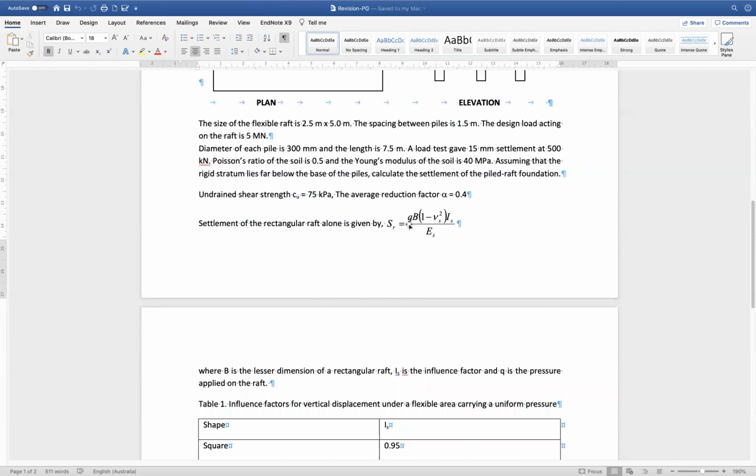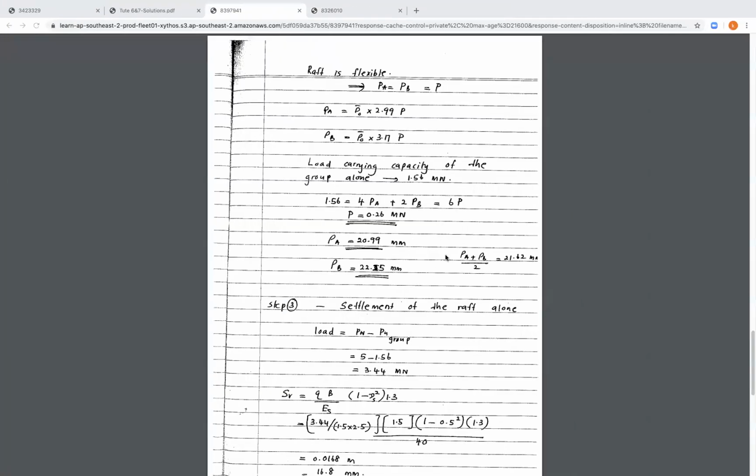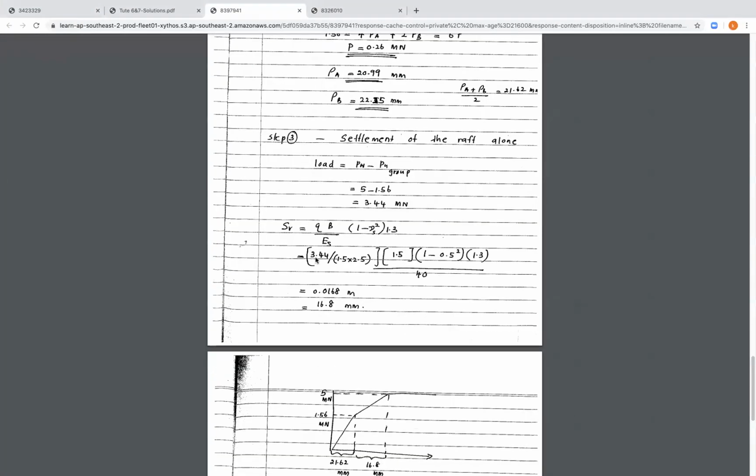Obviously, for the value of Q, you need to divide the 3.44 by the cross-sectional area of the raft, as we can see here. You need to correct these values: you need to put here 2.5 multiplied by 5, and you need to correct this one as 2.5 meter.